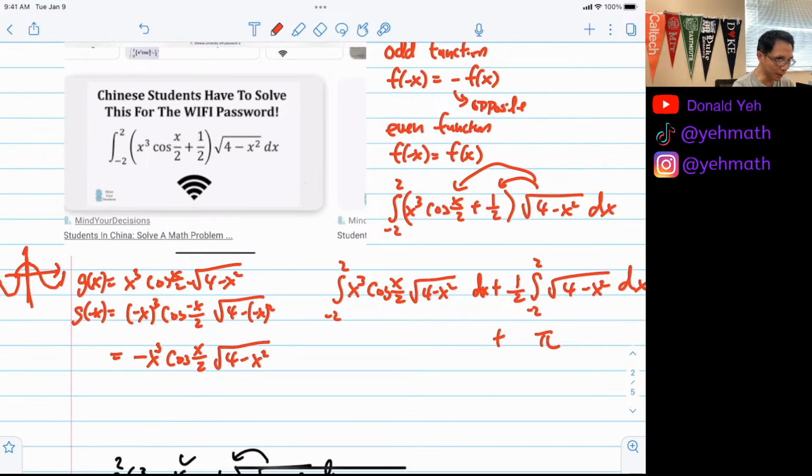So it turns out this is a negative of g of x. If it's negative, this means this is an odd function. An integration from -2 to 2 of an odd function will result in 0. So it's 0 plus pi, the answer is pi, equal to 3.14, the password.